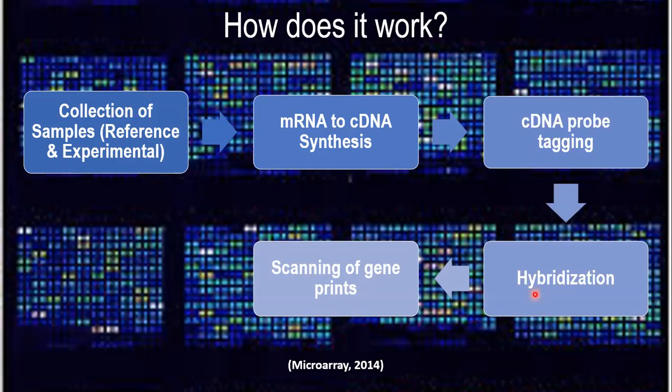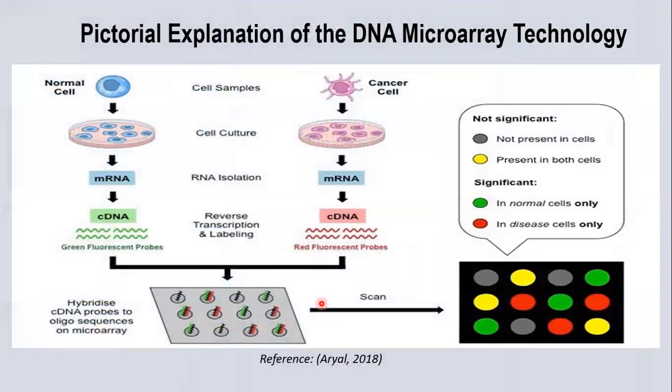The two samples are mixed together and allowed to bind on a microarray slide. This particular process is called hybridization. Following hybridization, the microarray is scanned via a bioscanner to measure the expression of each gene printed on the slide.